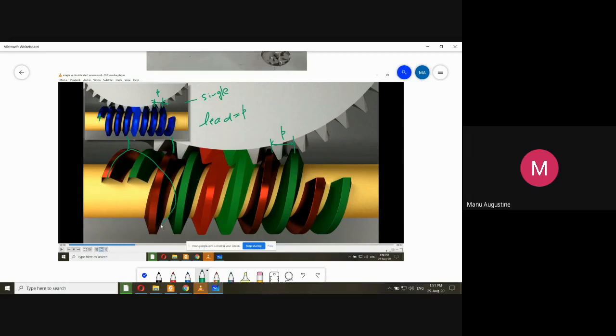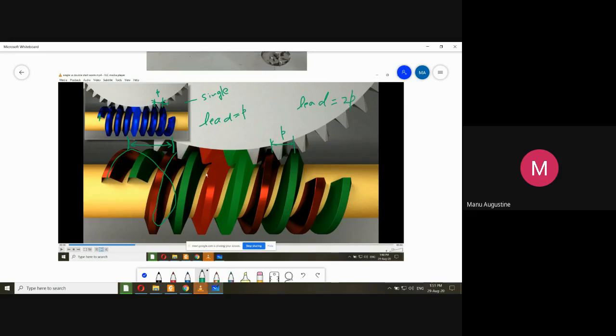It is spiraling from behind and then coming out like this. So if I measure the horizontal distance between only the red part, then this is the actual lead. For a double start thread, the lead becomes twice the amount of pitch. So lead of a double start thread is twice of the pitch.